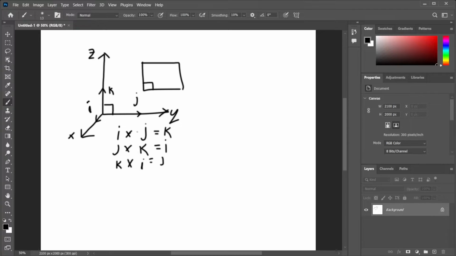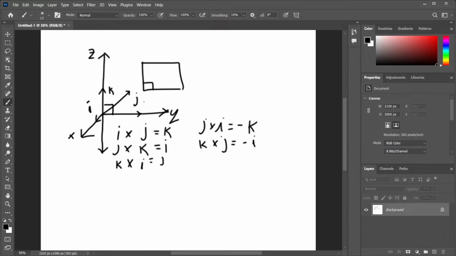And there's something very interesting because if we rotate those, let's say we have j times i, it's equal to minus k. We go in the opposite direction. So j times i equals minus k. k times j equals minus i.